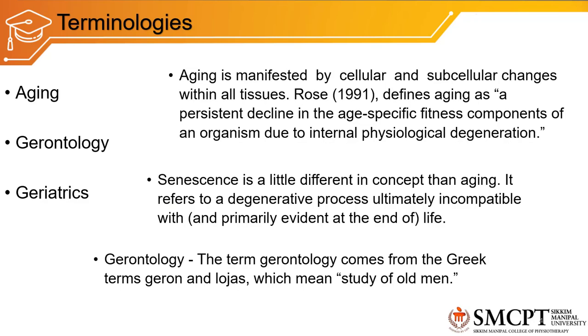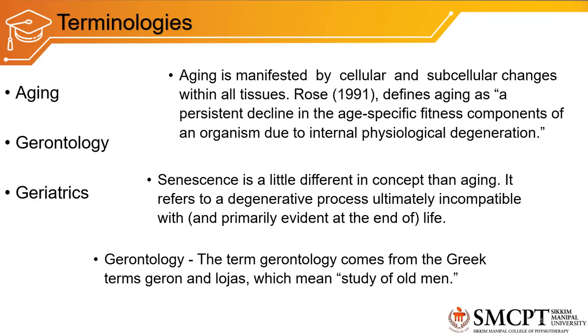There are many prevalent terms which are used interchangeably or synonymously to describe aging, and they are aging, gerontology, and geriatrics. Now, aging is manifested by cellular and subcellular changes within all tissues, and according to Rose, aging is a persistent decline in age-specific fitness components of an organism due to internal physiological degeneration.